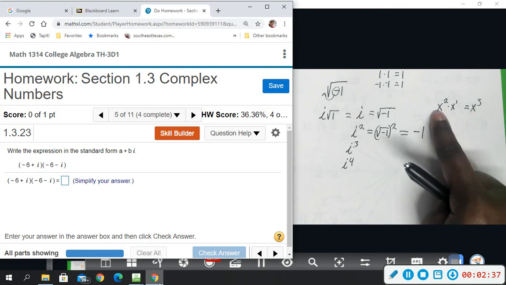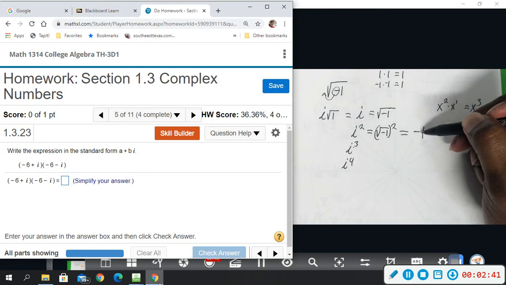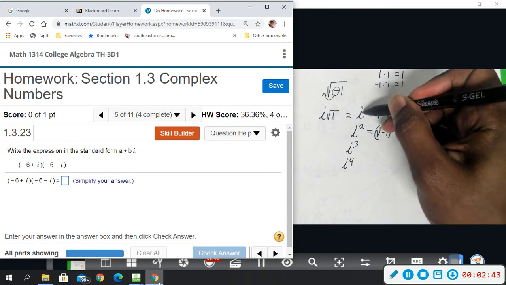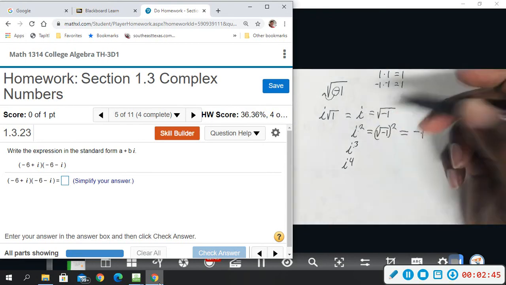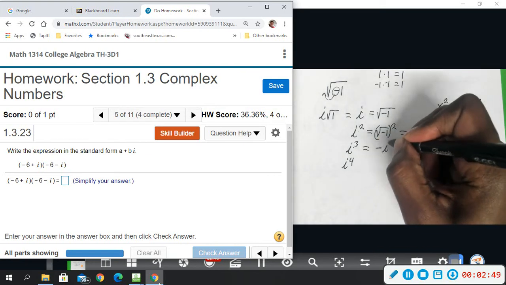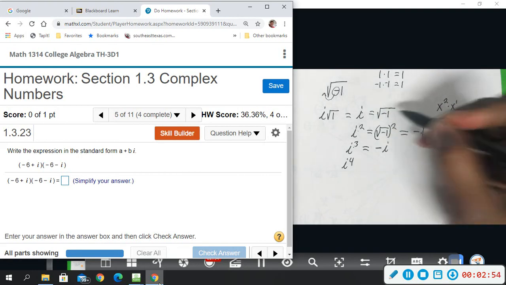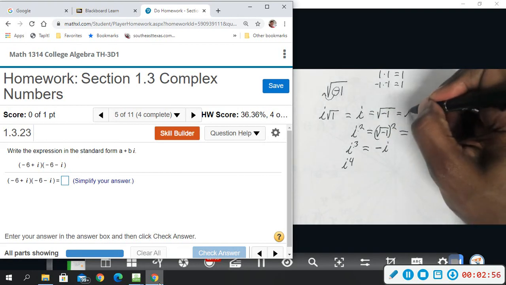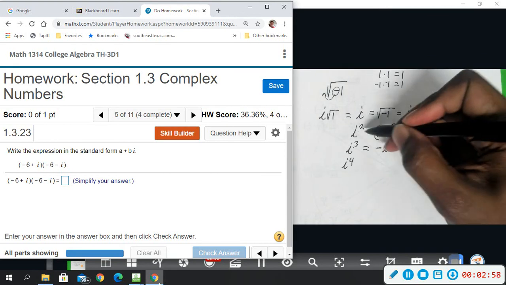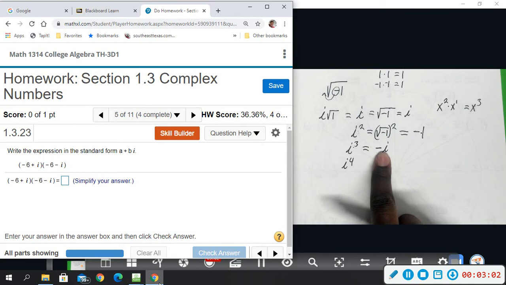So in order to get I to the 3rd, I would just multiply -1 times I. So these two. And that will give you a negative I. Okay, because the square root of -1 is equal to I. That's how we get I in the beginning. And if we multiply this and this, we get this times this, which just gives you -I.